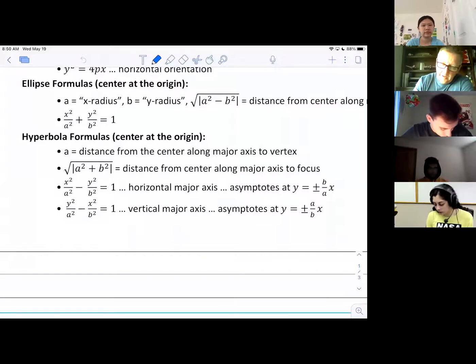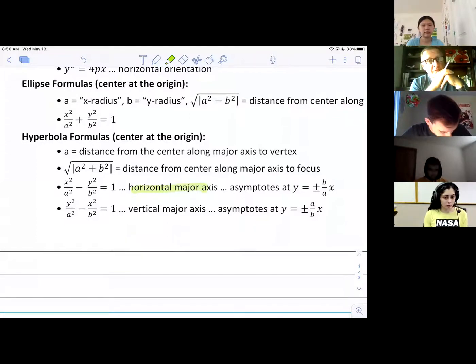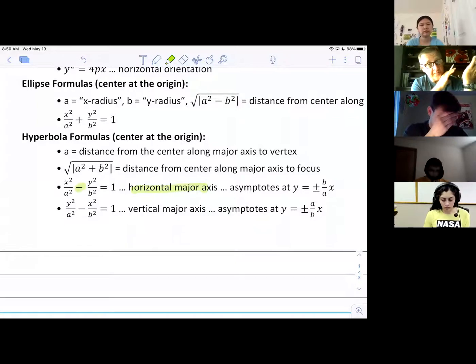So ours has a horizontal major axis, and I think the major axis is much less obvious in a hyperbola than an ellipse. Ellipse is like the long one. Yeah, that's the one that's major. But ours has a horizontal major axis. And so, oh, okay, it's the y value that got the minus sign, not the x value. So what I just wrote down, I had a 50-50 chance.